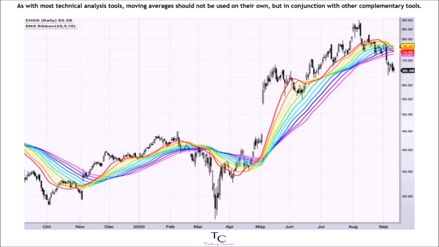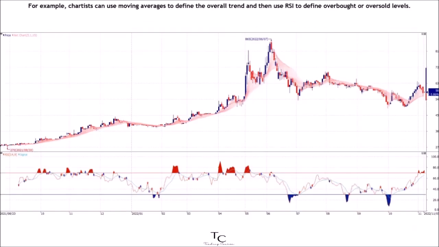As with most technical analysis tools, moving averages should not be used on their own, but in conjunction with other complementary tools. For example, chartists can use moving averages to define the overall trend and then use RSI to define overbought or oversold levels.